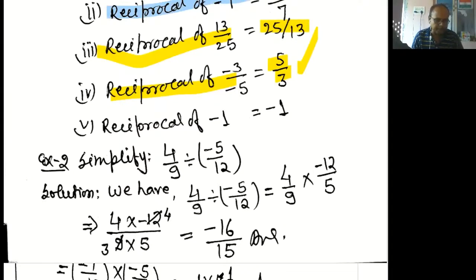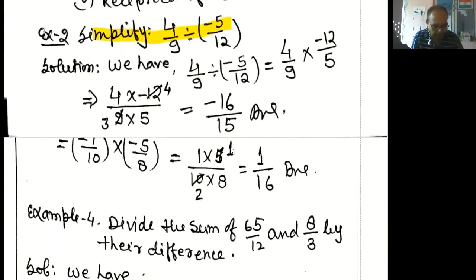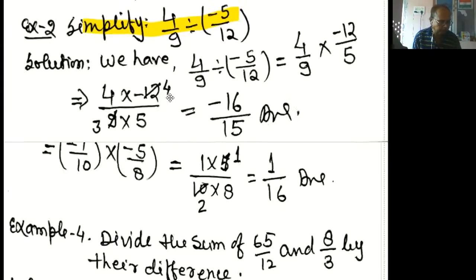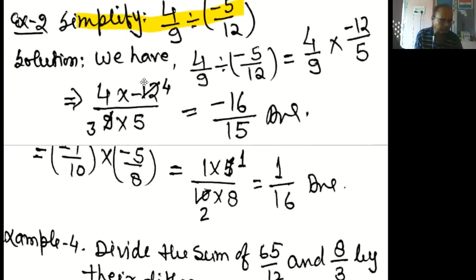Example 2, simplify 4 upon 9 divided by minus 5 upon 12. Solution: we have 4 upon 9 divided by bracket minus 5 upon 12 equal to 4 upon 9 multiply minus 12 upon 5, equal to 4 into minus 12 upon 9 into 5.